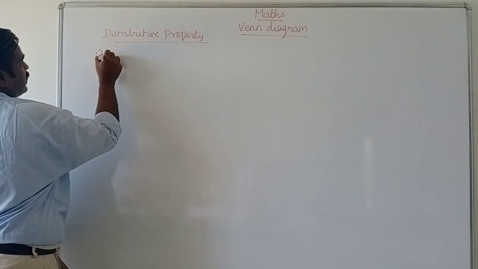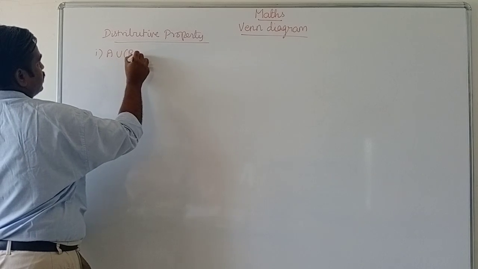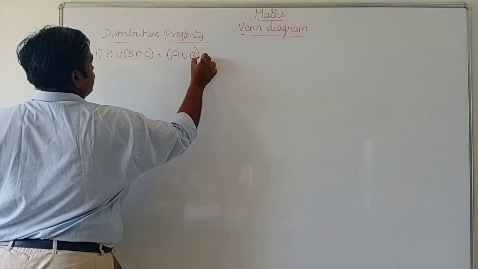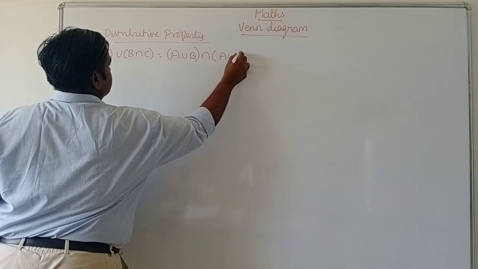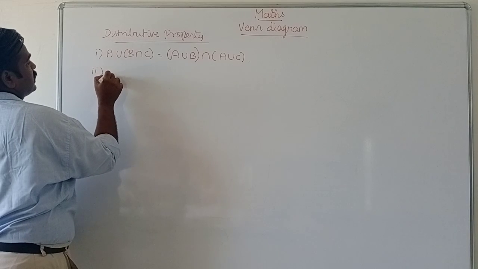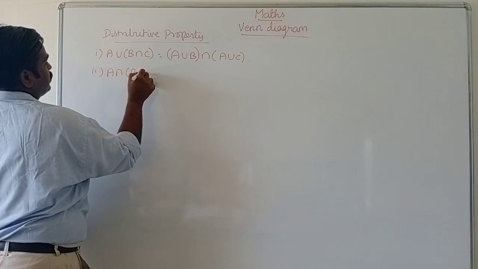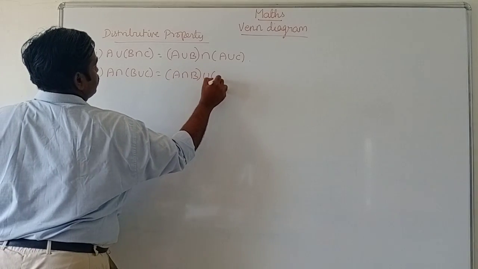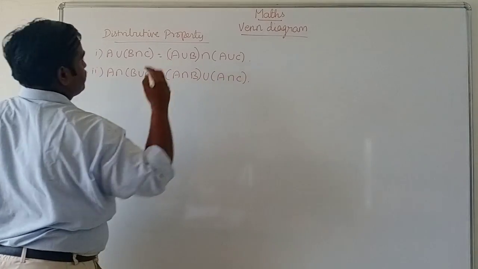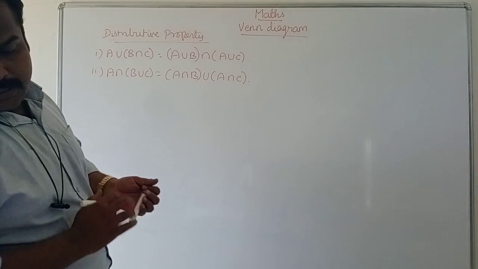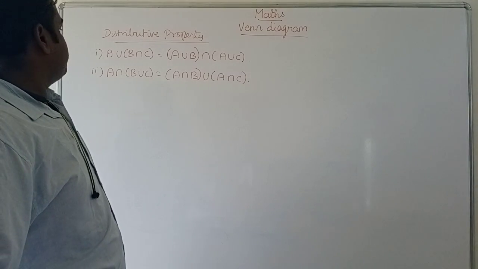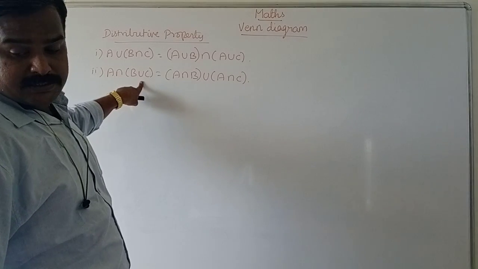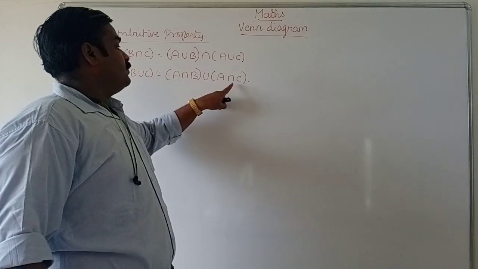The first one, it's A union B intersection C equals A union B intersection A union C. The next one is A intersection B union C is equal to A intersection B union A intersection C. Isn't it or not? In your book, the second one is given as first one: A intersection B union C equal to A intersection B union A intersection C.